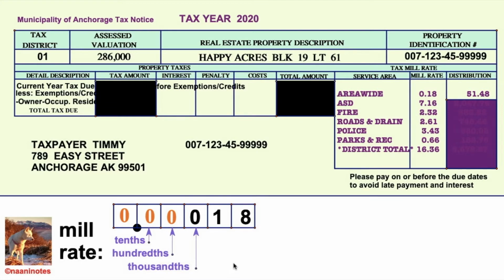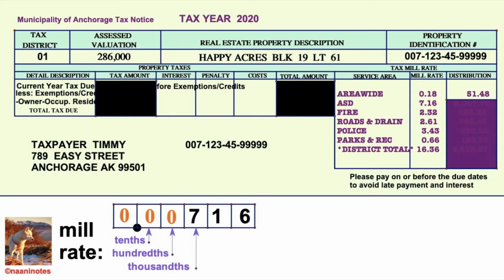So let's do that again. Let's move this guy out of here, and let's take the next rate. Heavens to Murgatroyds, that's the schools. ASD, for those of you watching from outside, that's Anchorage School District. That's where the big bucks go. So now, if it's 7.16 thousandths, I'm going to write it this way, 0.00716.